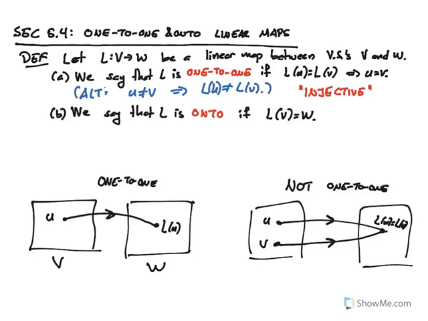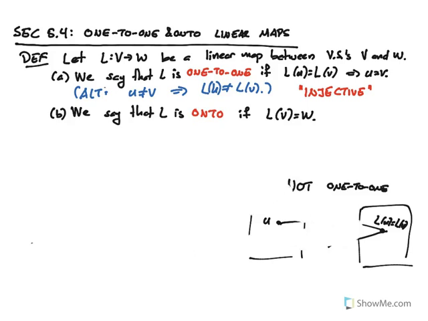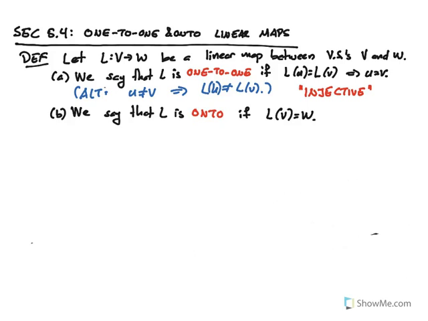The other property we're going to talk about is the property of being onto. This is quite simple. It simply means that every vector in the target space W is the image of something. Let's draw a picture.